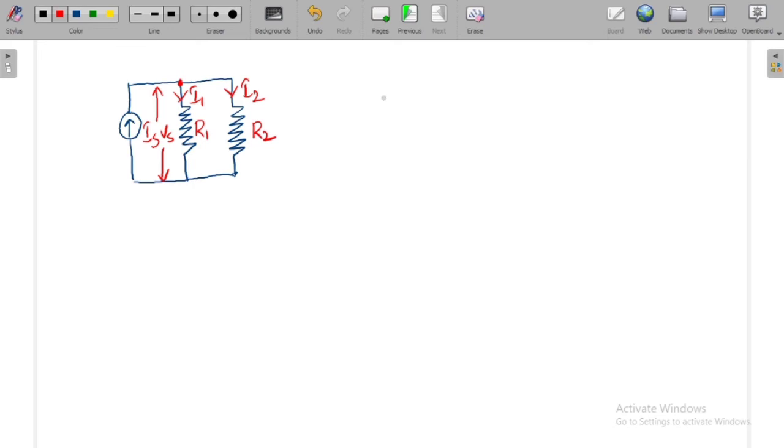Now I need to apply KCL as well as Ohm's law in order to understand current division rule, right? Applying KCL, as we see from the upper node, the current entering is Is, and the two currents leaving are I1 and I2.